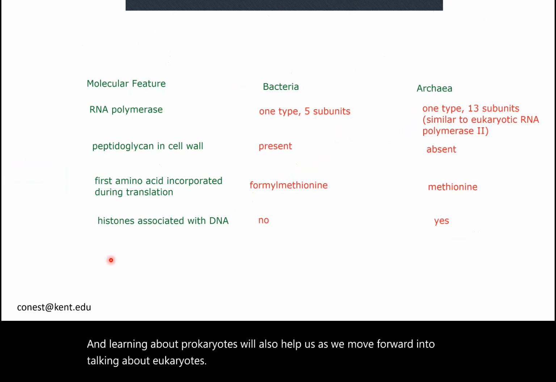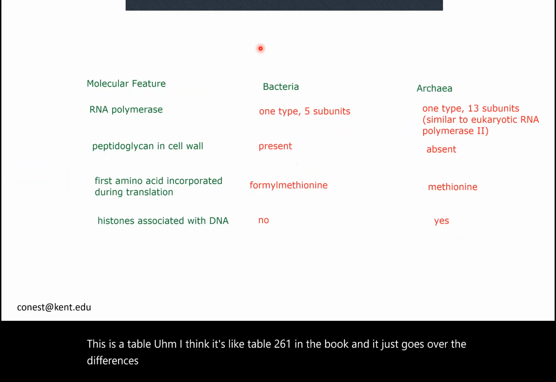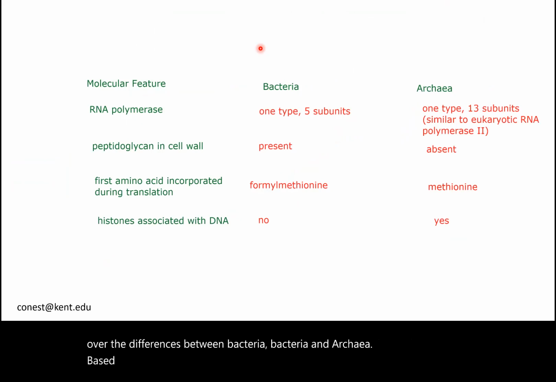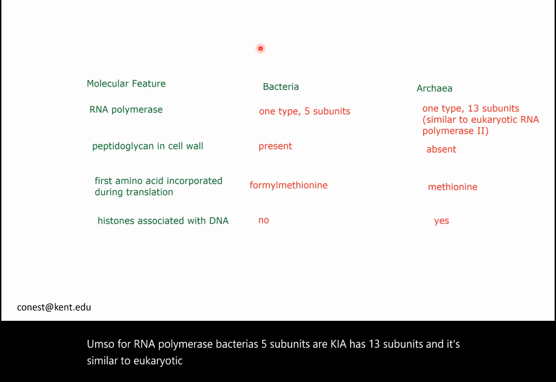So this is a table, I think it's table 26.1 in the book, and it just goes over the differences between bacteria and archaea based on molecular features. So for RNA polymerase, bacteria has 5 subunits, archaea has 13 subunits, and it's similar to eukaryotic RNA polymerase 2.